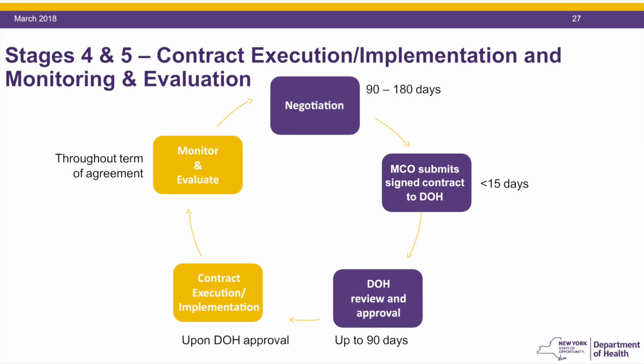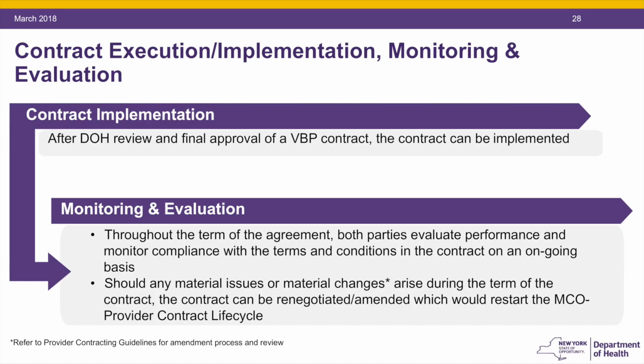So once those 4 things of the cycle are accomplished, the Department of Health reviews and sends a final approval to the contracting parties, and a contract can be implemented. Throughout the term of a contract, we do survey and oversee the contractors, as I mentioned before. It happens on a regular basis, or we can do an ad hoc review or visits of the plan or a provider based on a complaint that we have heard, or just to do more focused review of certain components.